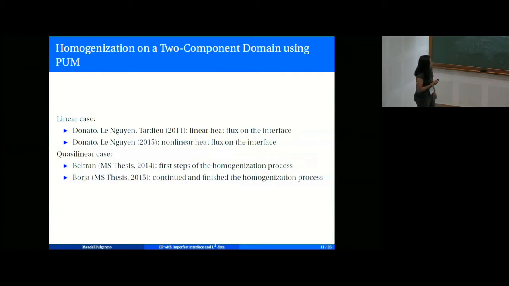In the second one, Donato and Le Nguyen presented the flux as a function of the jump instead of being proportional. The linear case is when the matrix field A is independent of the solution, while the quasilinear case is when the matrix field is dependent on the solution.